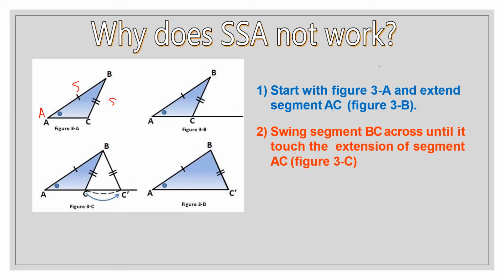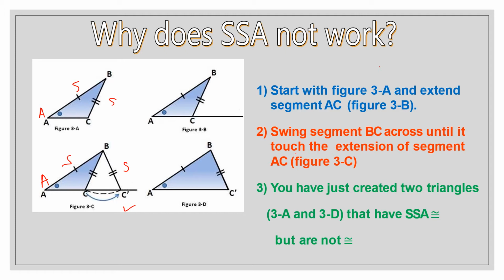Swing segment BC across until it touches the extension of segment AC. You can see in the figure that we can draw the same segment BC dash. Then also the angle does not change, the angle remains the same, this side remains the same and this side remains the same.